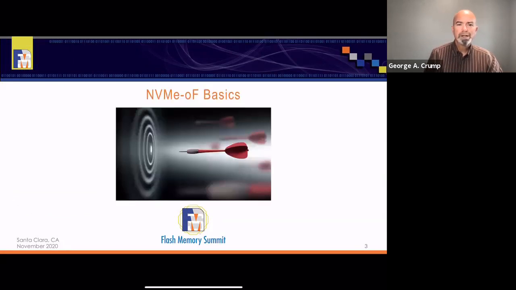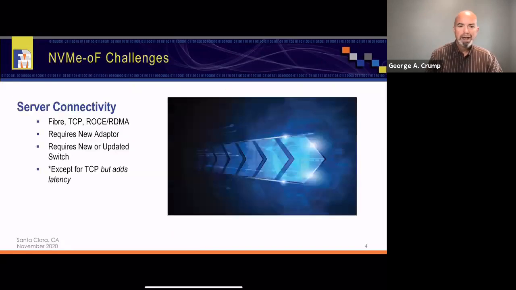So before we get too far in, let's talk about some basic NVMe over Fabric realities. First of all, there are really two points to NVMe over Fabric. There is what I would call server connectivity, so that's how you attach the server and get it to storage. There's a variety of different ways to do that today.